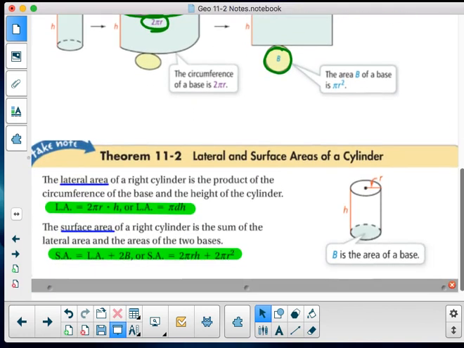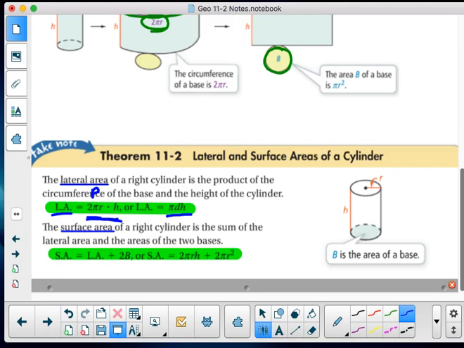So if I look at my lateral and surface area formulas, I still have LA, but now my perimeter, which is C, is 2 pi r, times h. So LA can be pi times diameter times height, or 2 pi r times height. That is the lateral surface area, my rectangle after I unroll it.